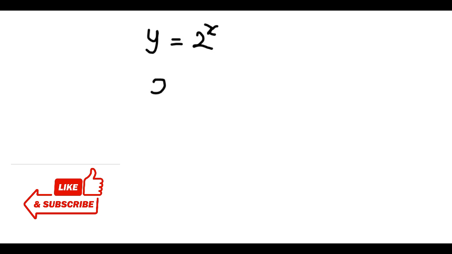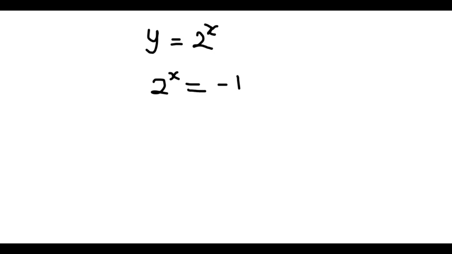We now have 2 power x equals minus 1 plus or minus square root of 41. So we can then solve for x in this case.